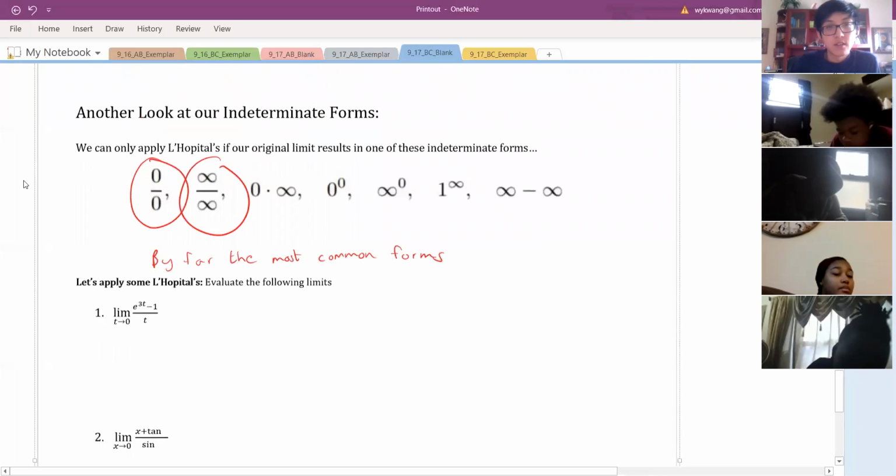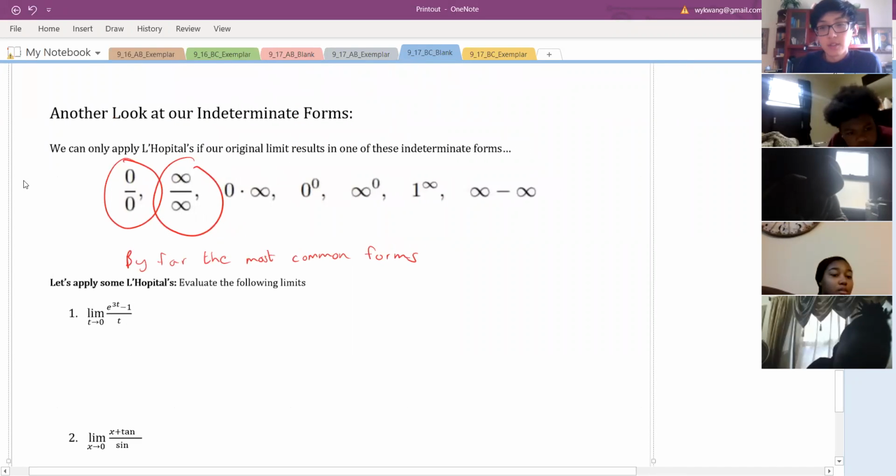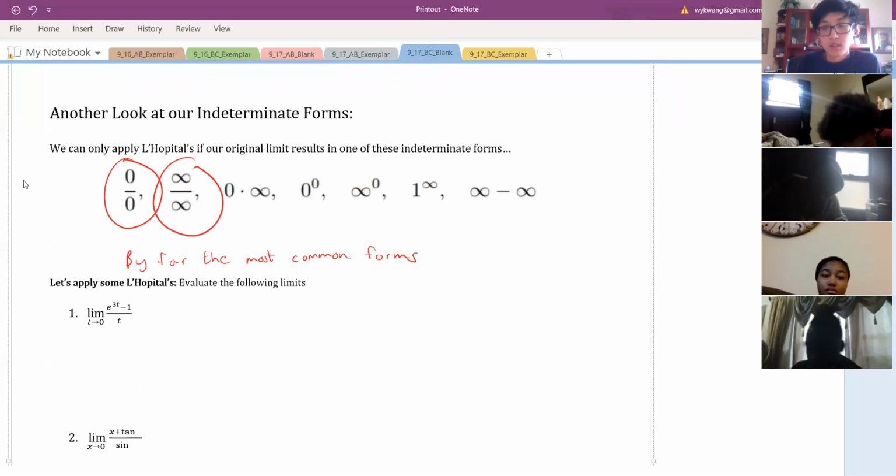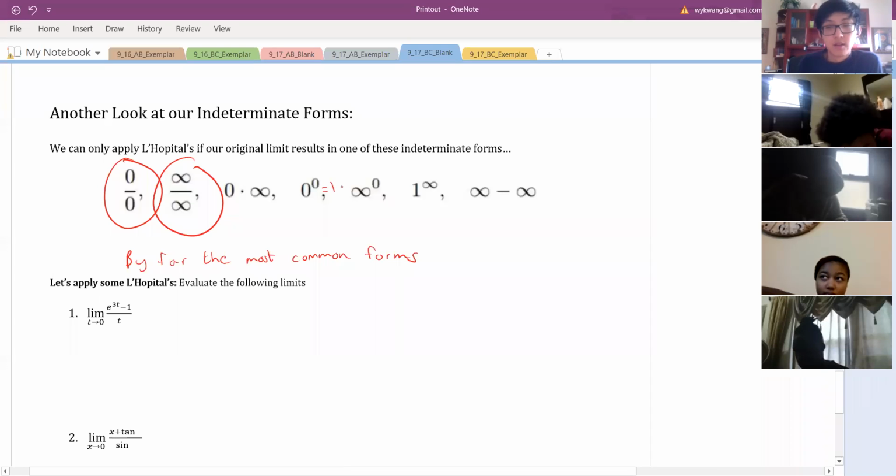Mercy asked a question saying that 0 to the 0 equals 1. So does this mean this works when the limit results in 1? She's saying that 0 to the 0 is equal to 1. So I guess this does mean that. To be honest, I'm really not even familiar.